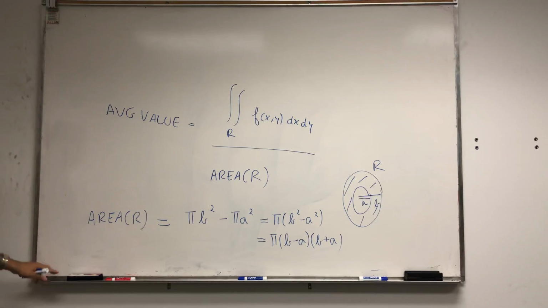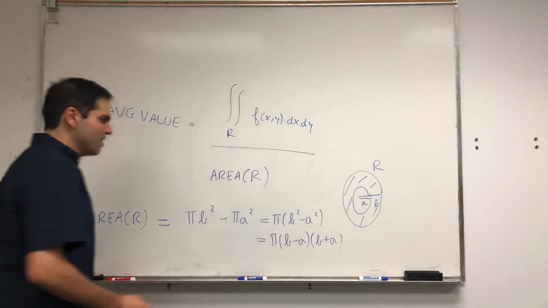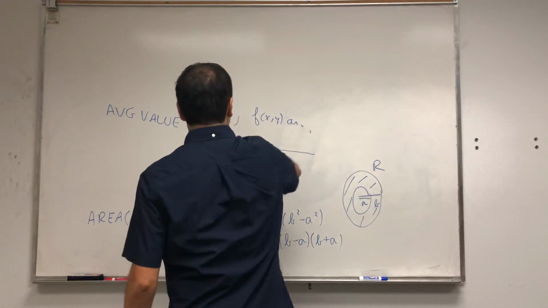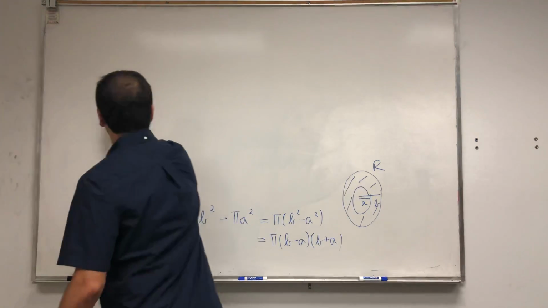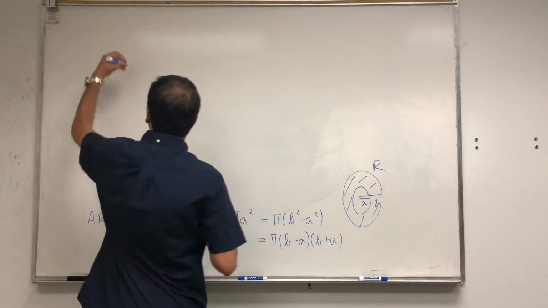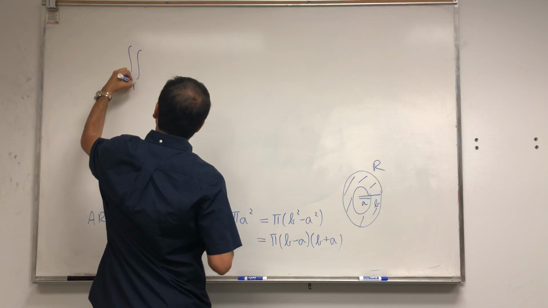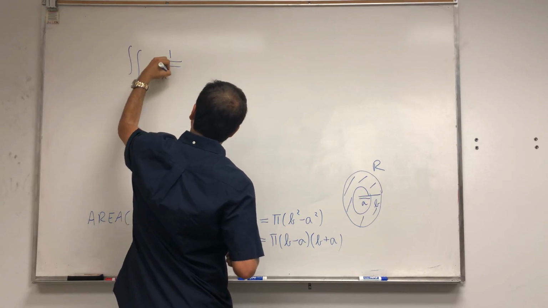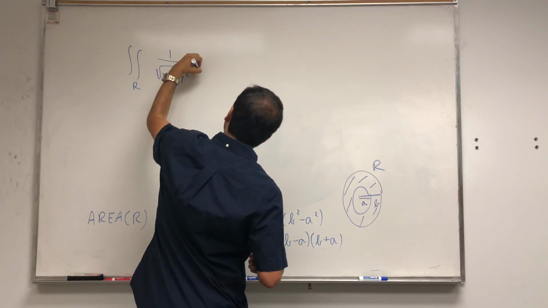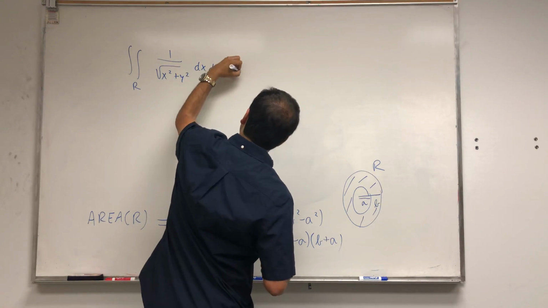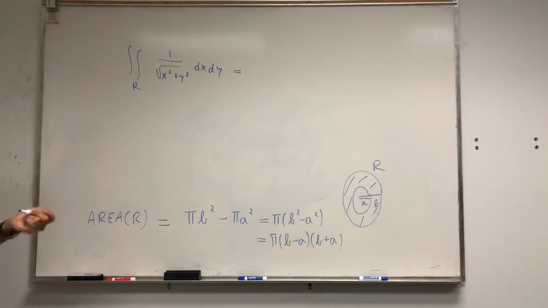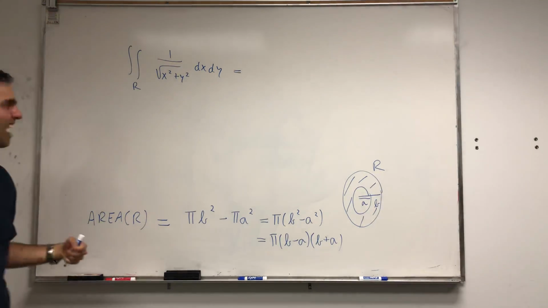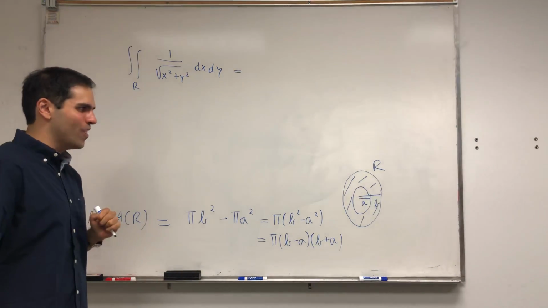And now let's calculate the double integral. You'll see that's the exciting part. So the double integral over this ring of f, which is 1 over square root of x squared plus y squared, dx dy. You see x squared plus y squared, again, it's a sign to use polar coordinates.